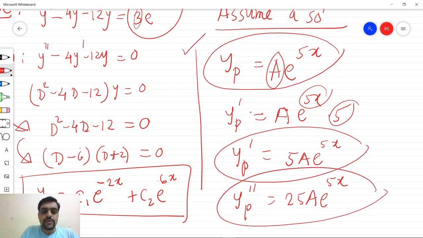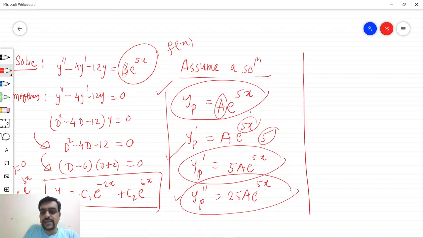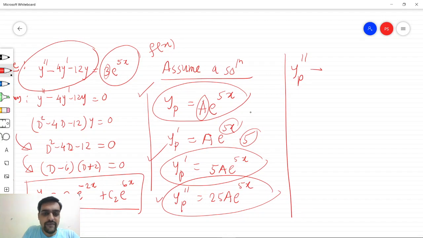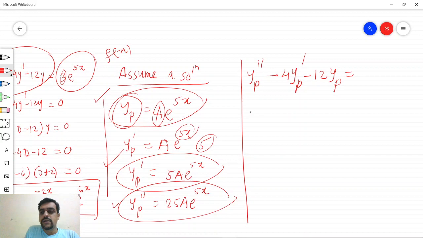Now we can use these three terms in the original equation, which says yp double dash. Look at this expression. We are repeating the same expression, but we are writing it as yp instead of y, because we are finding out the particular solution yp. Yp double dash minus 4yp dash minus 12yp is equal to 3 e raised to 5x.